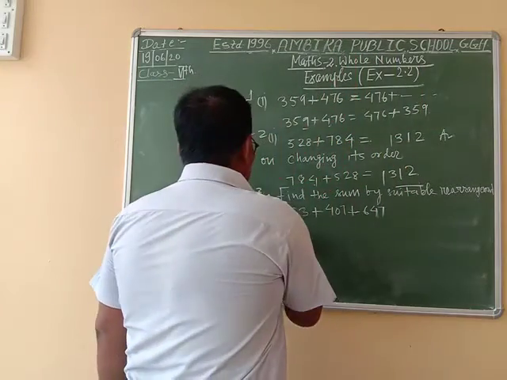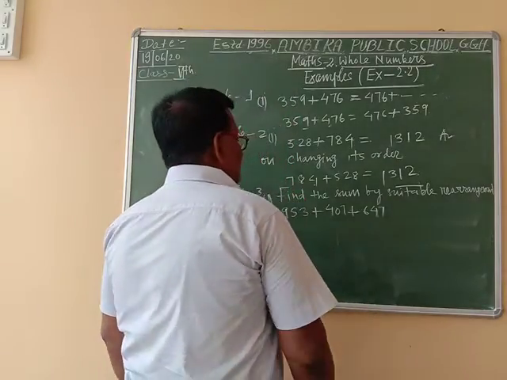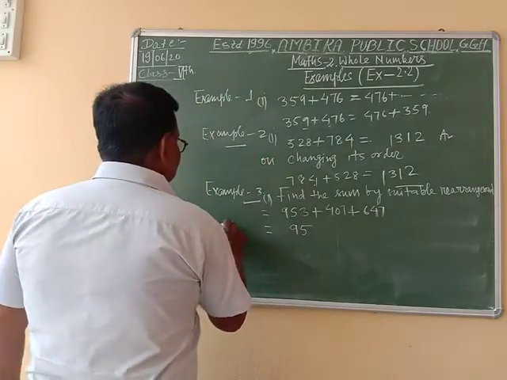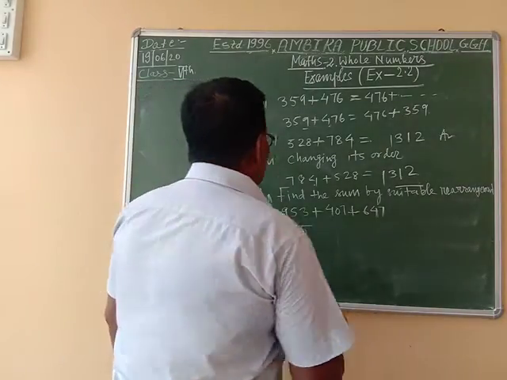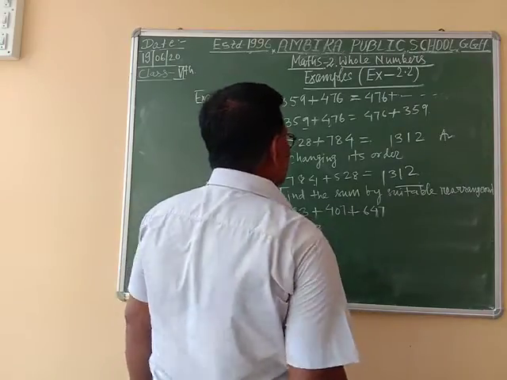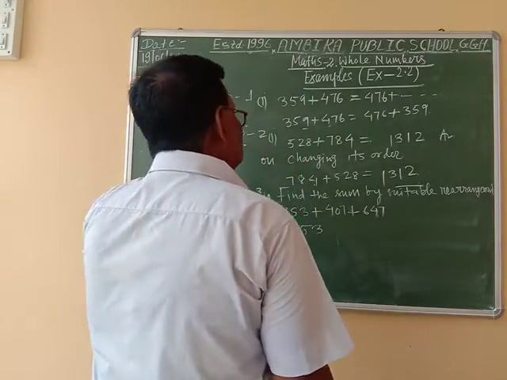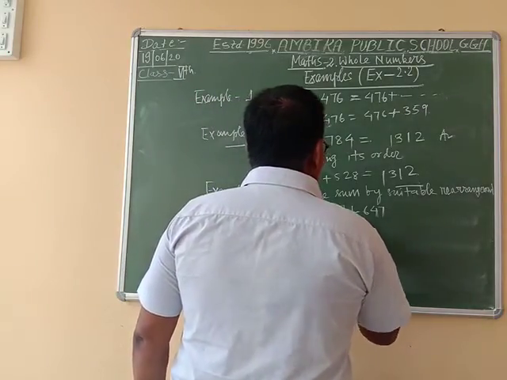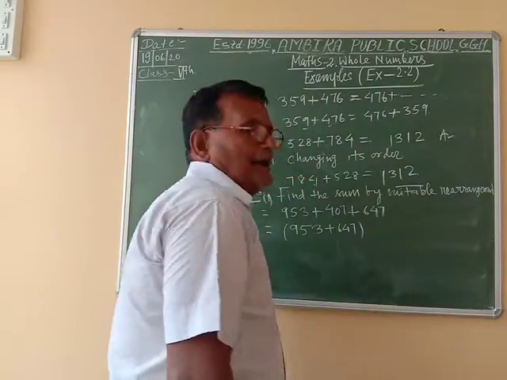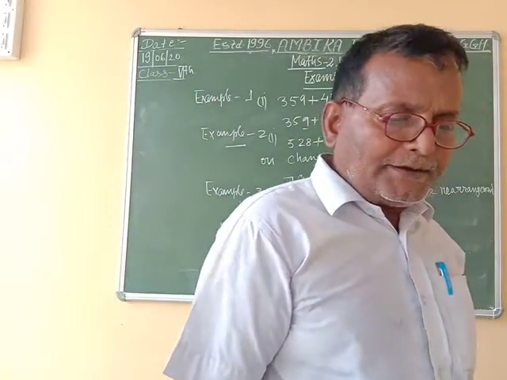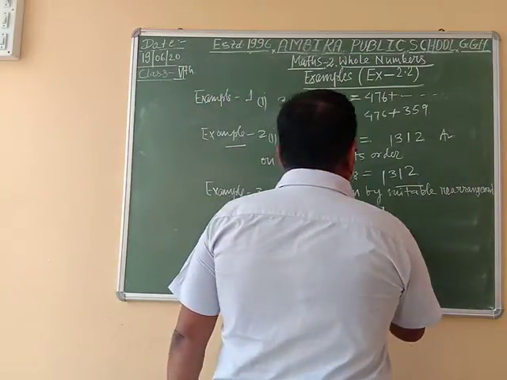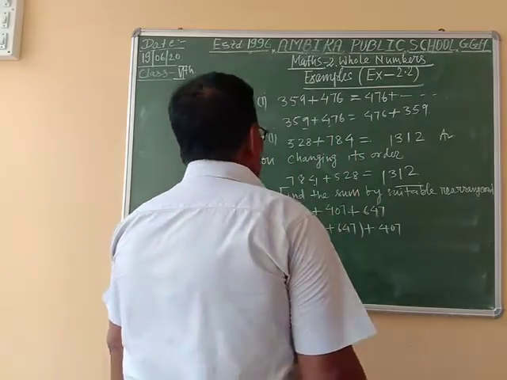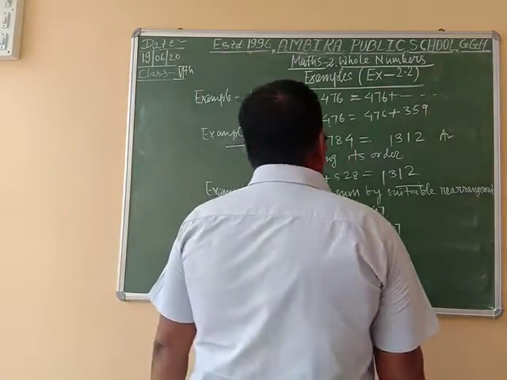Here we write in order 953, and solve 953 plus 647. We write both numbers in a bracket and write 407 outside the bracket: 953 plus 647 plus 407.